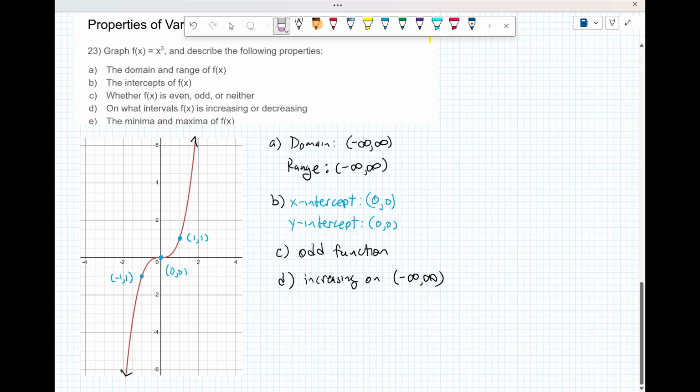Now, there's a possibility that maybe you don't include the point 0, 0 because it's flat for one moment. You could make that argument if you wanted to. I think it's easier to just think this is increasing from negative infinity to infinity. Different textbooks might tell you slightly different answers on that one. And it is not decreasing. Or I should say never decreasing.